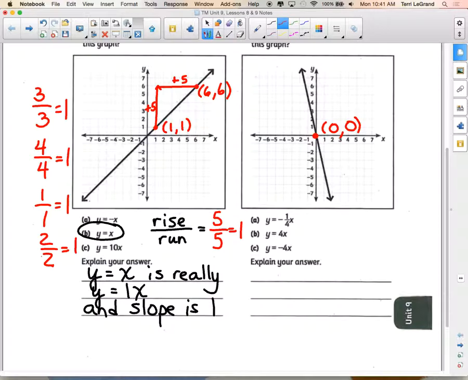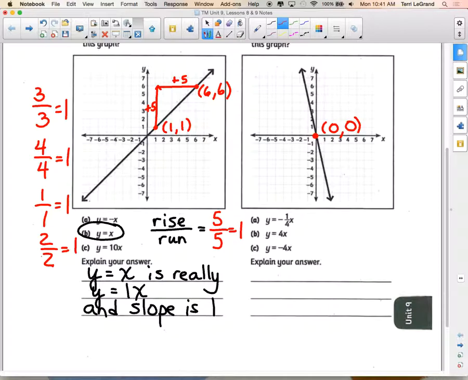So does anybody think they know of another point on that line with nice integer coordinates by looking at your graph? It's easier to see in your graph than it probably is up here on the smartboard. Anybody find one yet? Because I think there's a couple on there. Anybody find one? No?